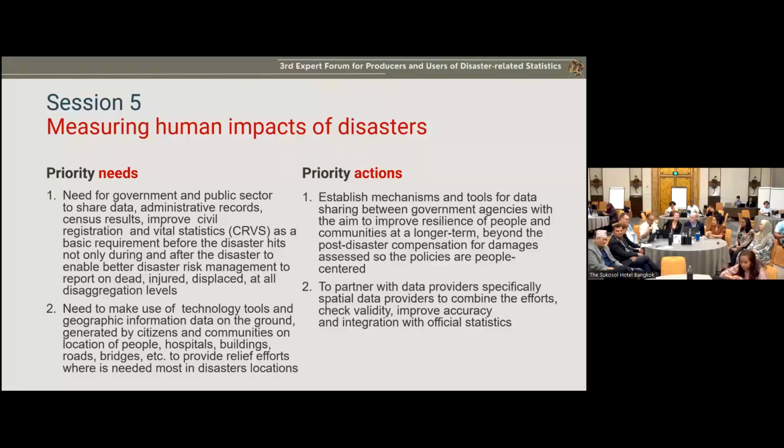The second point I would like to make is that there needs to be a pre-identification of a focal person, because every time a disaster happens, we look around for people who are relevant to provide the information. So, pre-identification of the focal person for an effective coordination mechanism at all levels of government.